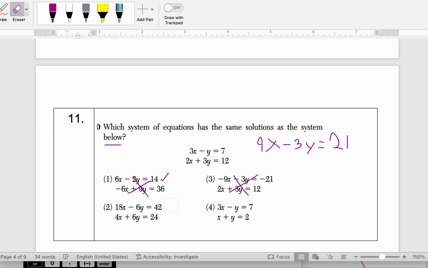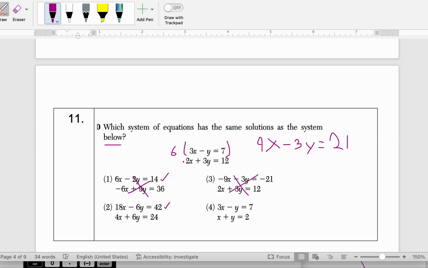Okay, so how would I make 18x and -6y equals 42? I would multiply it by 6. So if I multiply this by 6, I have 6 times 3x, which is 18x. 6 times -y, which is -6y. 6 times 7, which is 42. Okay, so this checks out.